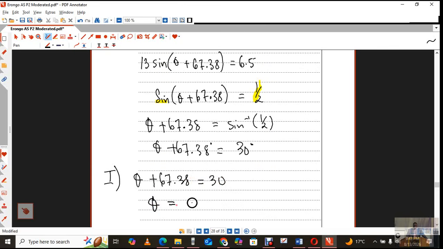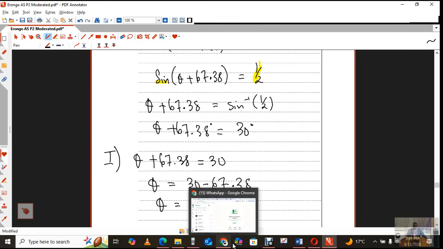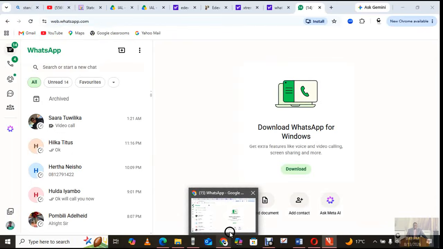That will give me a scenario where I'm going to get a negative answer. Does that make sense to you? And this negative answer is that theta is negative 37.38. And this is outside of our interval. It's outside of our domain.